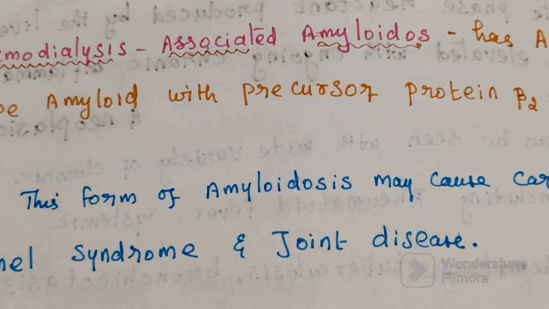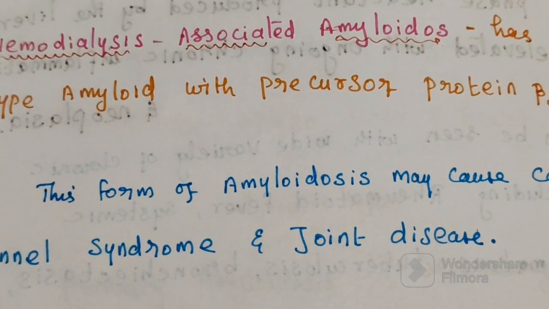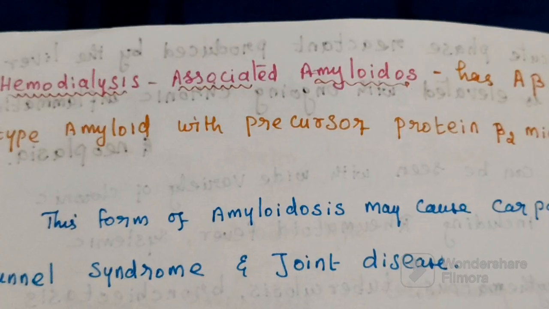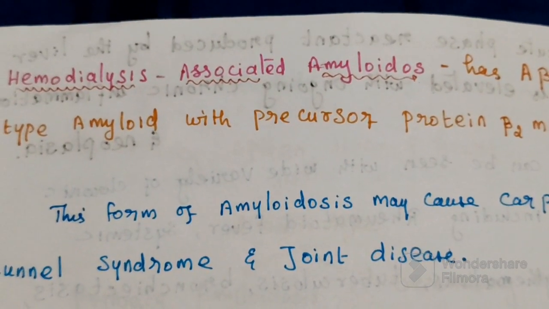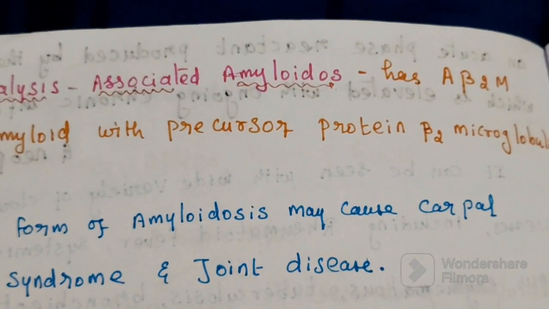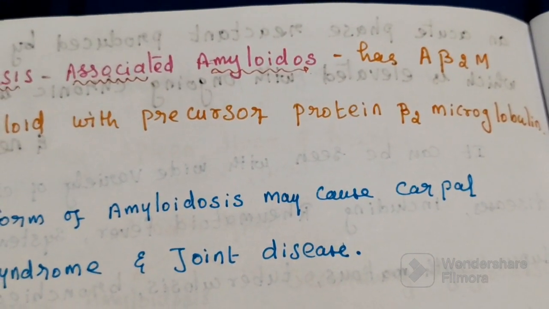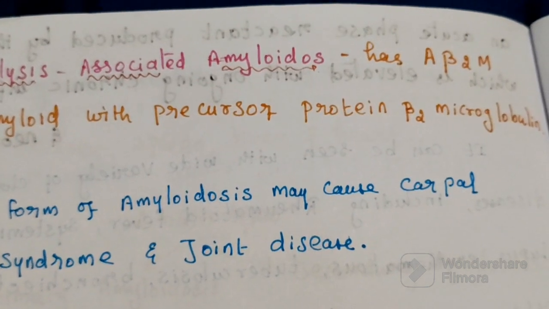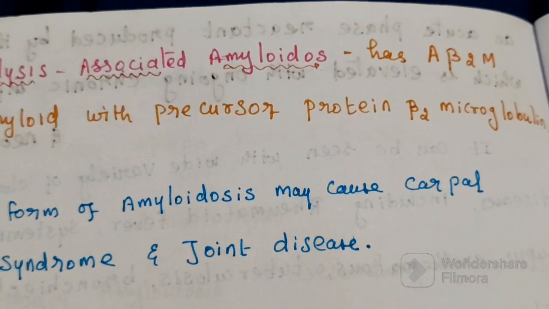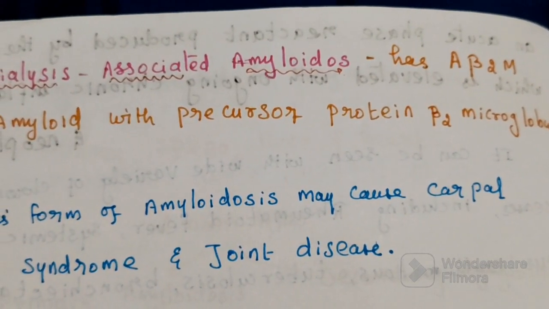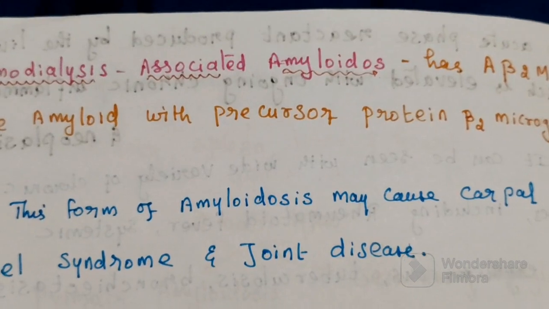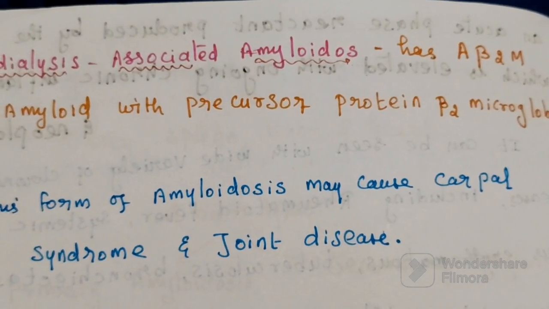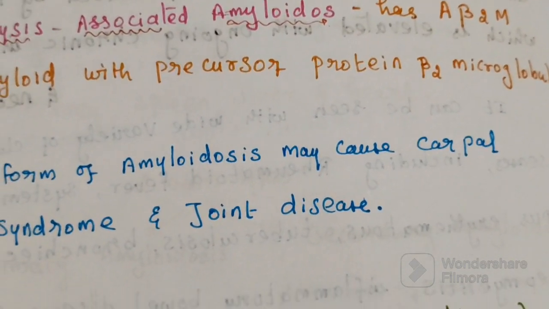When the patient undergoes hemodialysis multiple times, there is a deposition of protein A beta 2M, a type of amyloid with precursor protein beta 2 microglobulin.